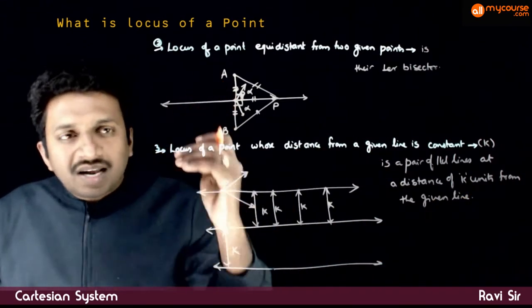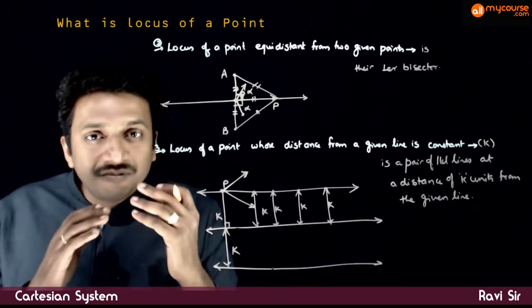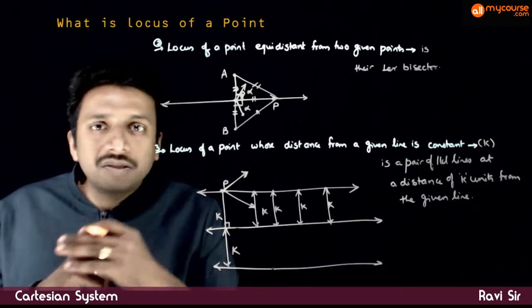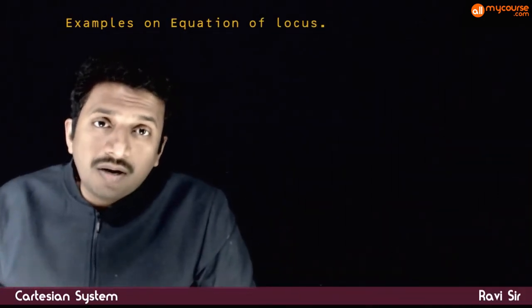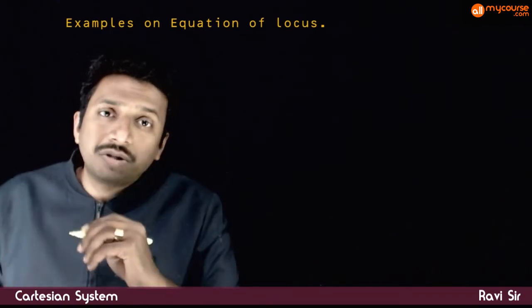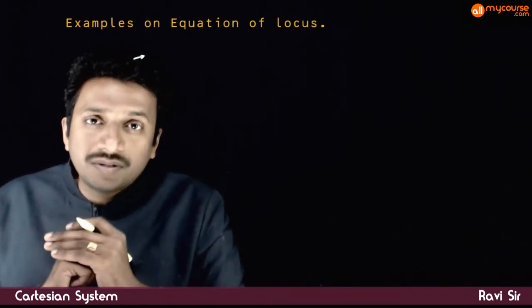So I hope you understand certain examples on locus. This is the physical way in which you understand the concept of locus. The next topic that we are going to learn is the equation of locus. So what is the equation of locus?